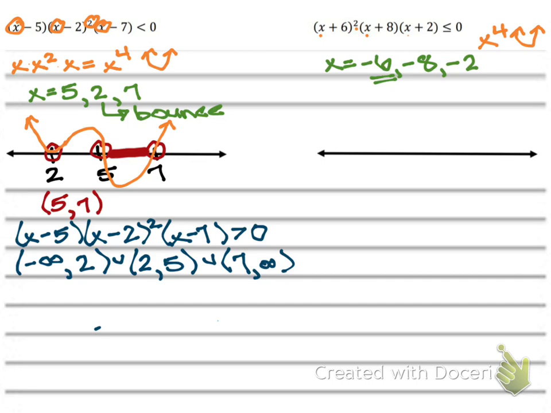So on my number line, negative 8, negative 6, negative 2. And all of those circles are closed. And so we know we start up. We're going to cross at the negative 8, bounce at the negative 6, and go up through the negative 2.